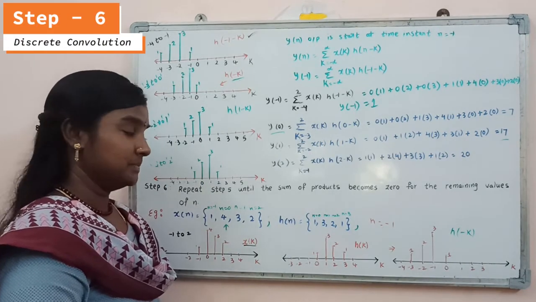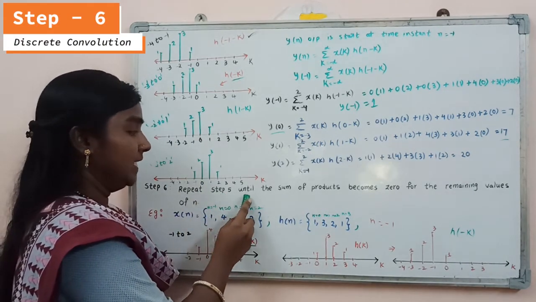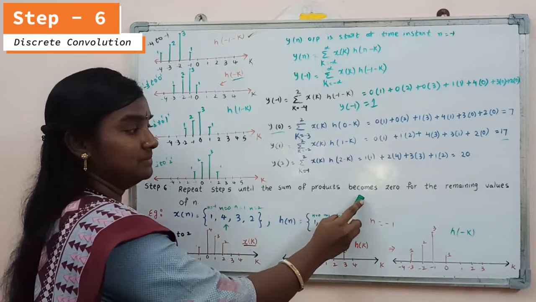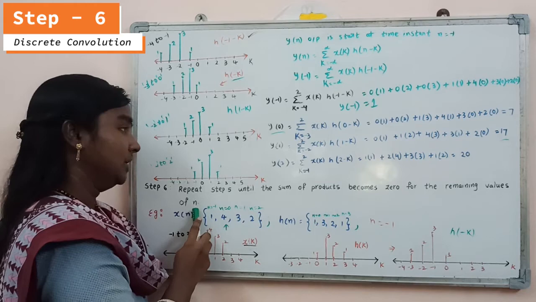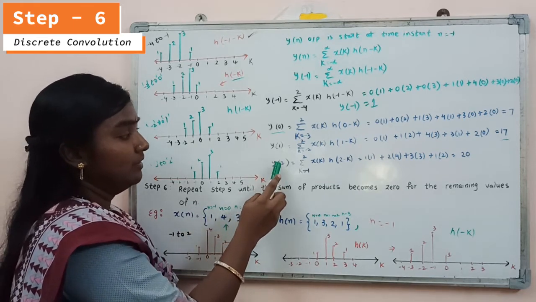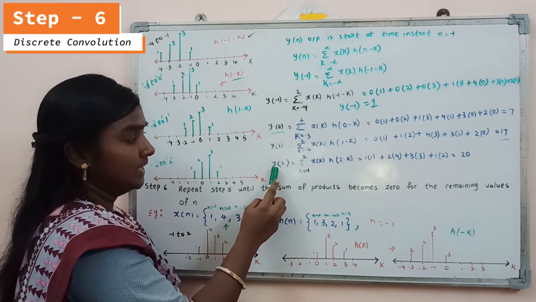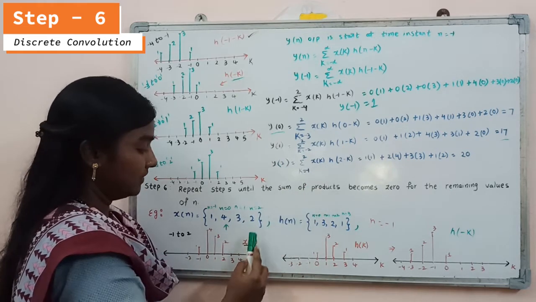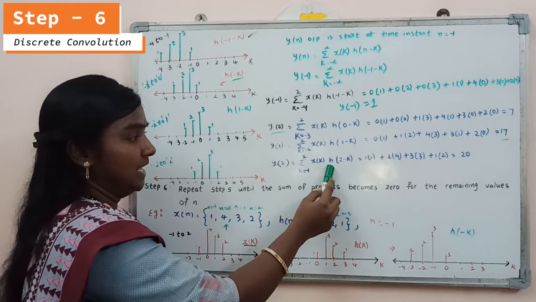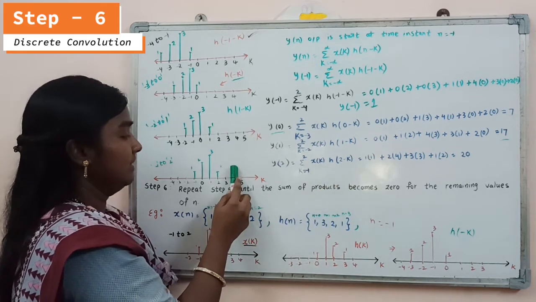Now coming to step 6, repeat step 5 until the sum of products becomes 0 for the remaining values of n. Now moving to find out the output amplitude at the time instant 2, that will be y of 2, by considering x of k signal from this and h of 2 minus k signal from this.